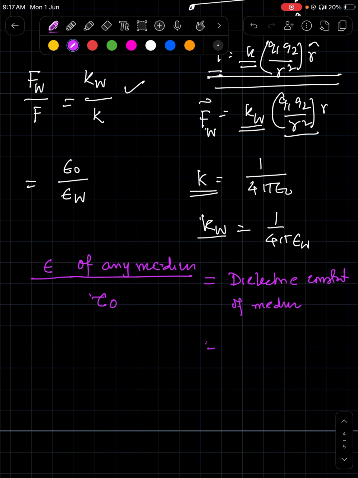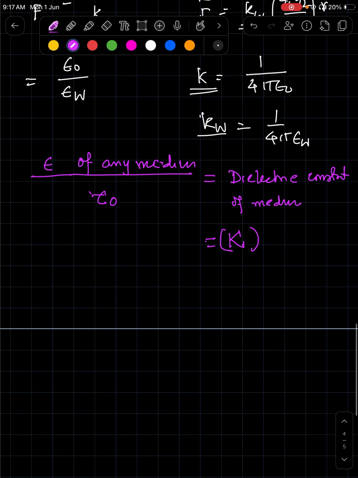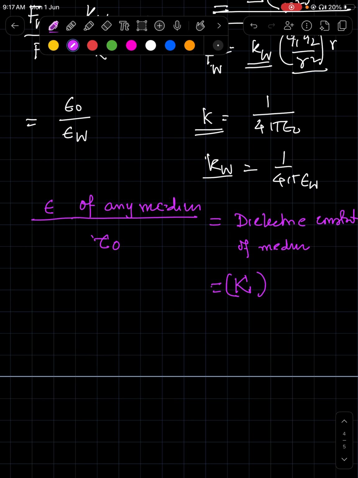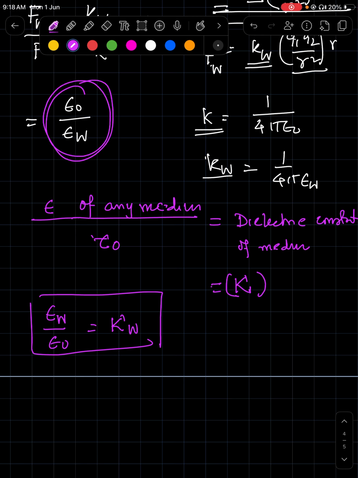It is often designated with capital K. So if I apply the same thing for water, epsilon W by epsilon naught is Kw, and it is easy to see from this expression that the ratio we found is the reciprocal of Kw. So we can write it as 1 by Kw.